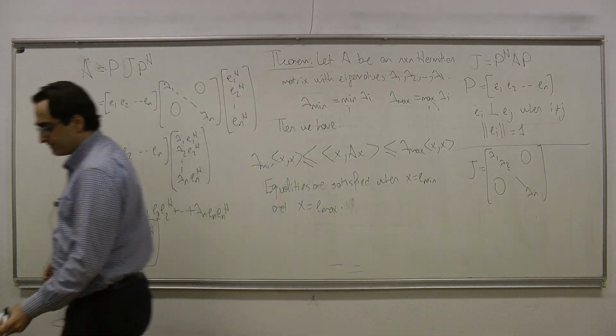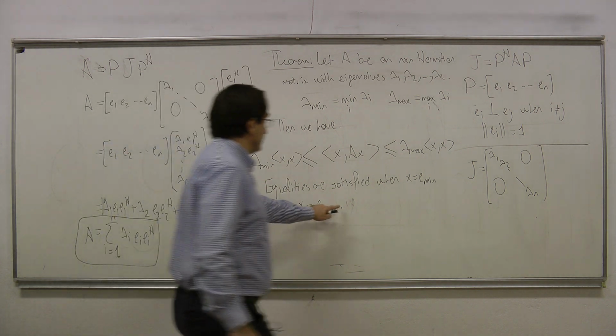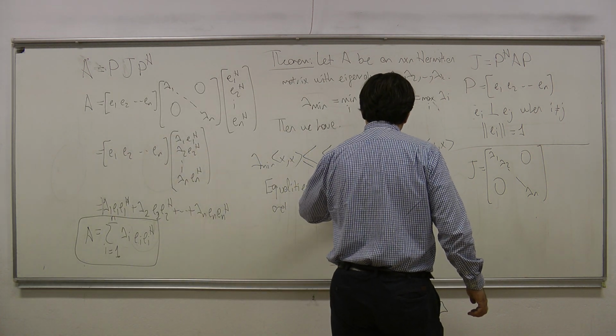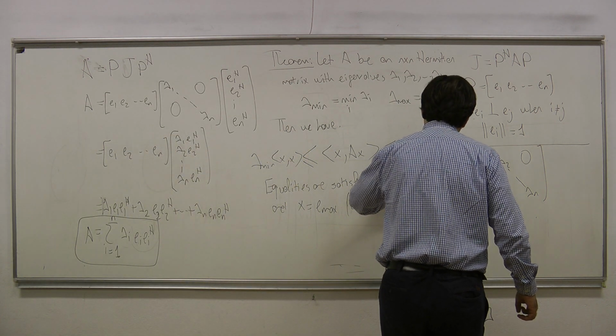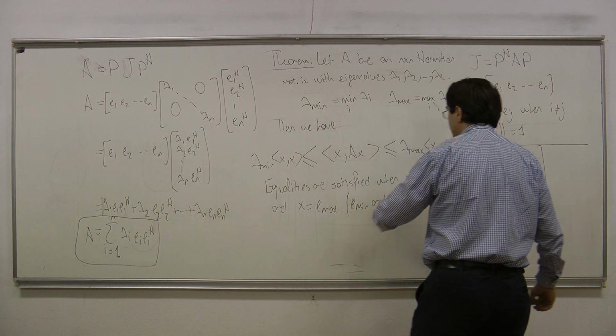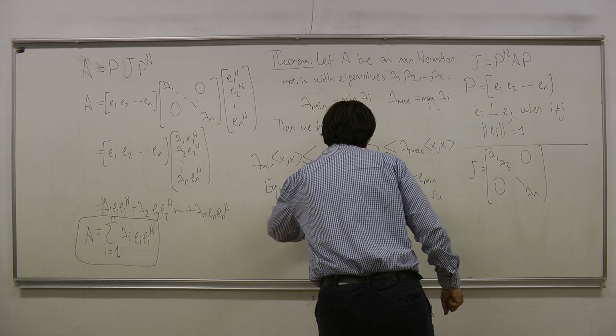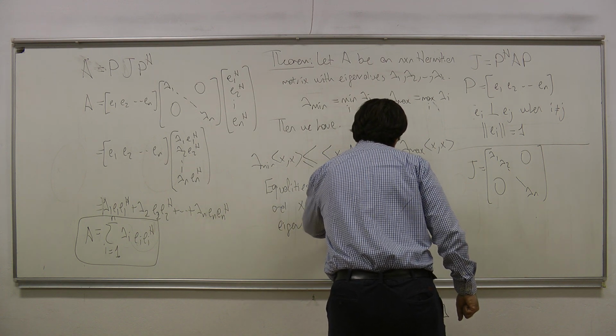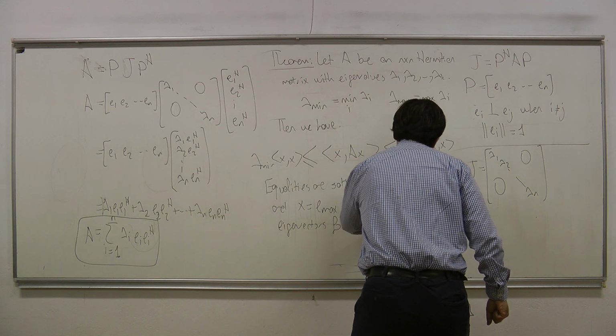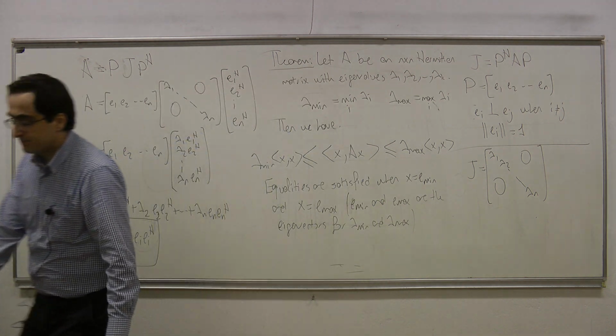Here E min and E max are the eigenvectors for lambda min and lambda max.